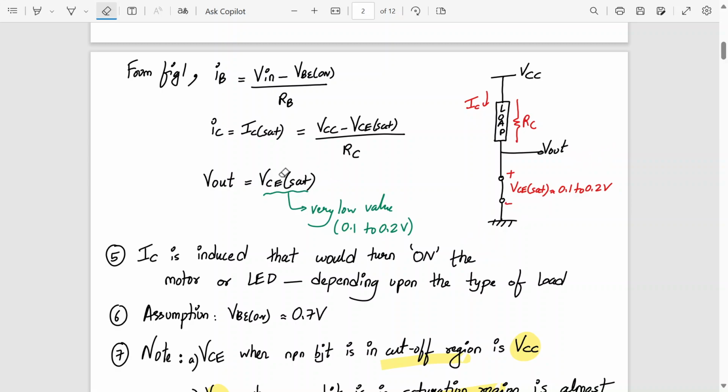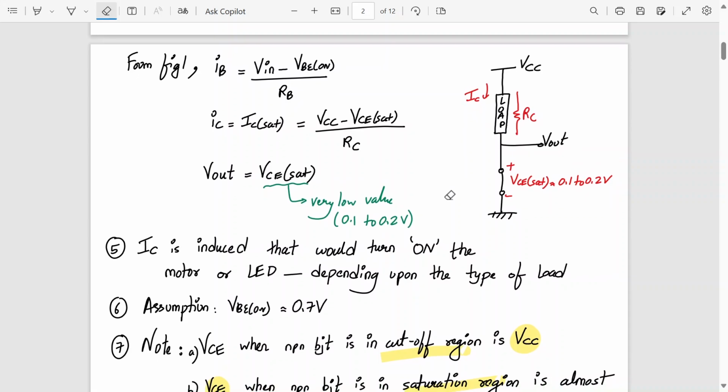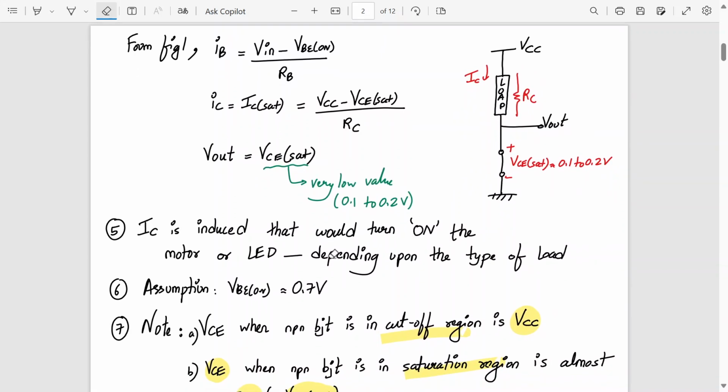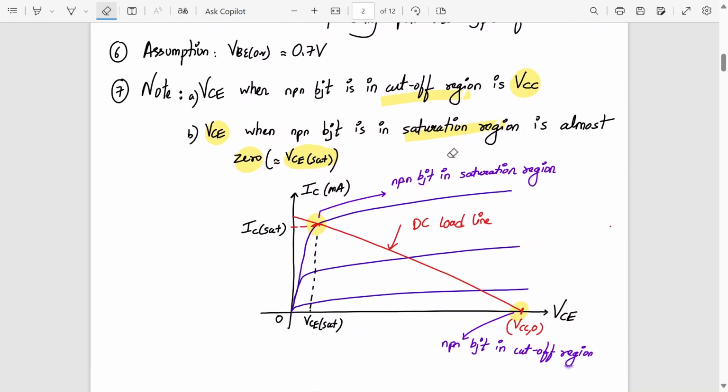So my output voltage is almost equal to VCE sat. We say that value is very very small. Okay, so that means maximum current is flowing through the circuit in this case. So I can say here the switch behaves as a closed switch. And if we connect a motor, the motor will run at a speed. And if we connect a LED, it will glow. Okay, so these are the assumptions which we are making.